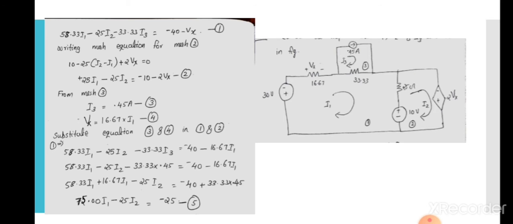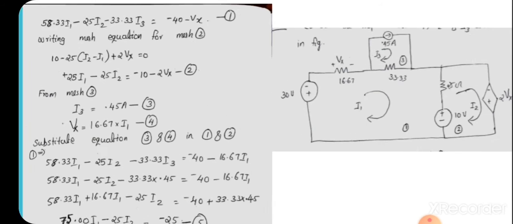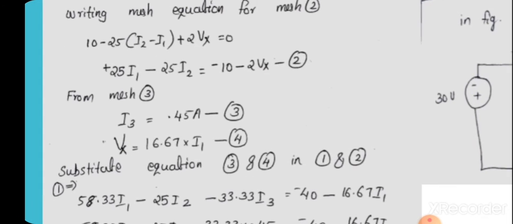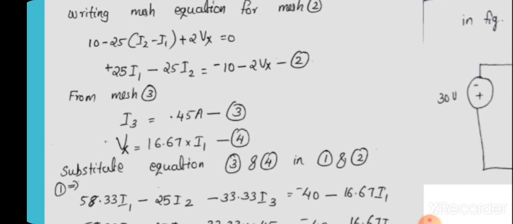Okay, because current flows in a clockwise direction, the sign of the 2 Vx voltage source will be positive. So you can write the equation as 10 minus 25 of I2 minus I1 plus 2 Vx equal to 0. This equation is obtained by applying KVL. You can simply apply KVL around that mesh or loop, so you will get this equation.